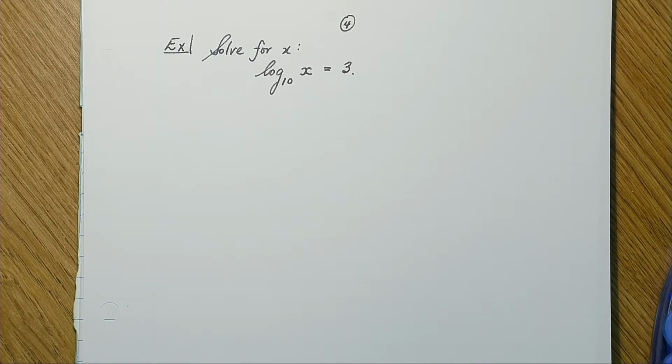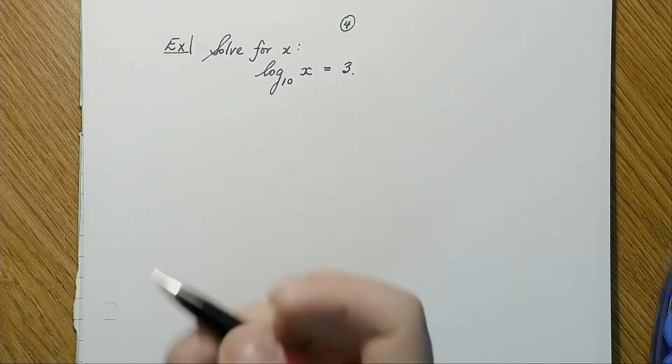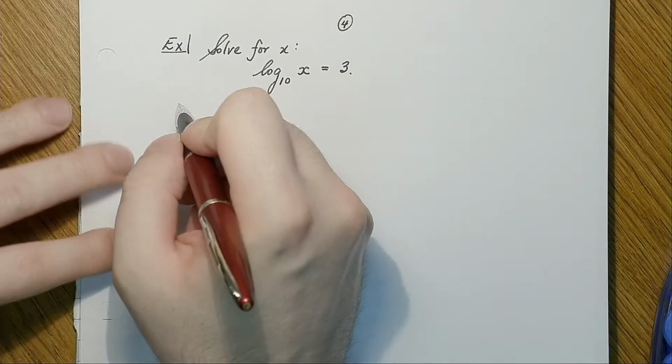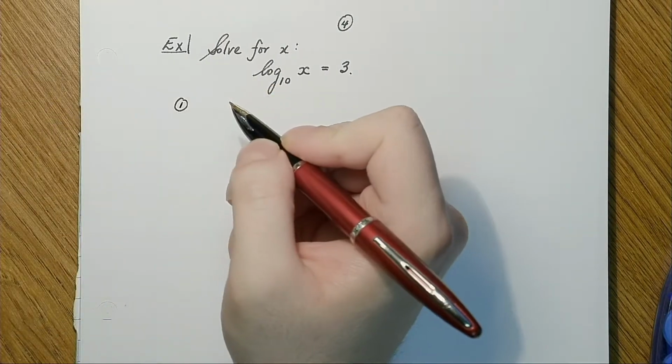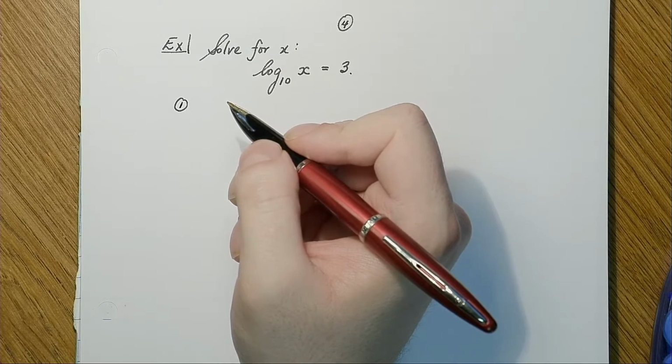Now we're going to solve for x. In this case, we can use two methods. The first one is converting it to its equivalent form.